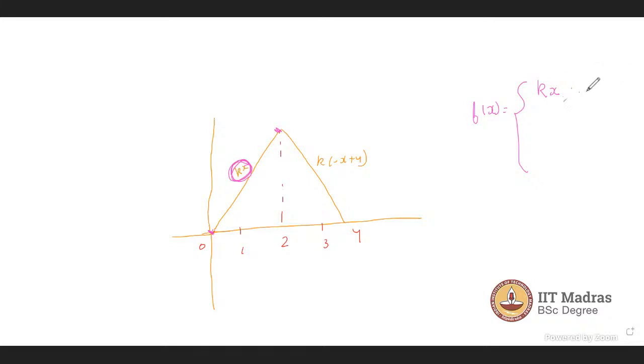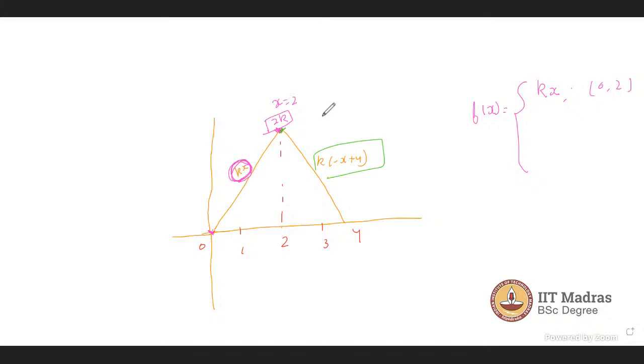So if you look at exactly at 2, this is the equation of the line, kx. So exactly at 2, it means my x equals 2, so it would be 2k. Or if you want to compute from the other line, the equation of this line is minus x plus 4.